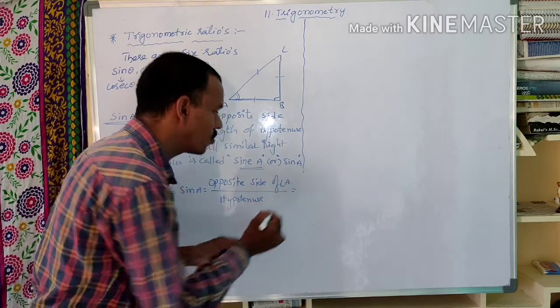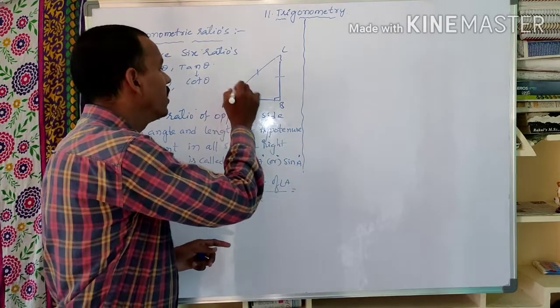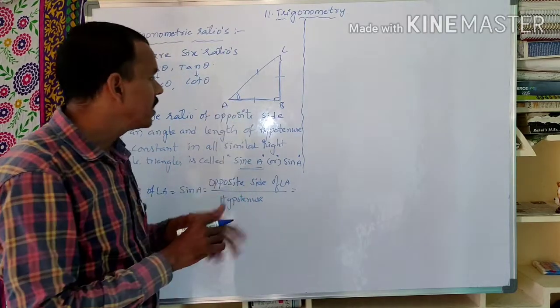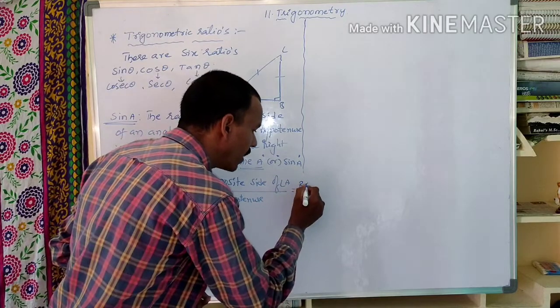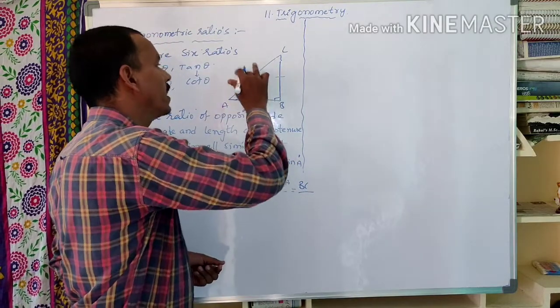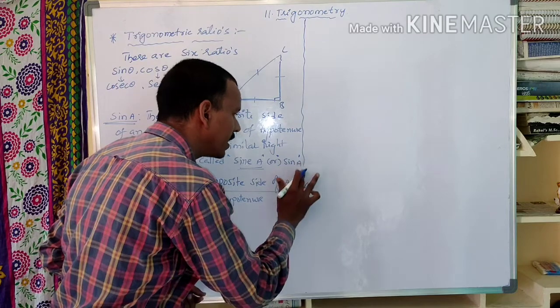What is the opposite side of angle A? Angle A is here, and the opposite side is BC. BC by, here the hypotenuse is what? AC. BC by AC.